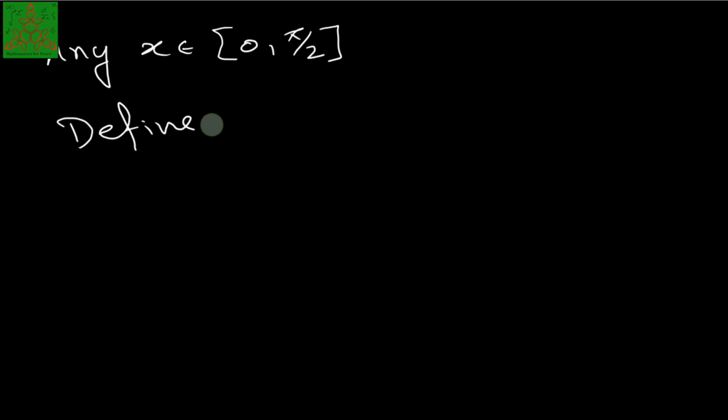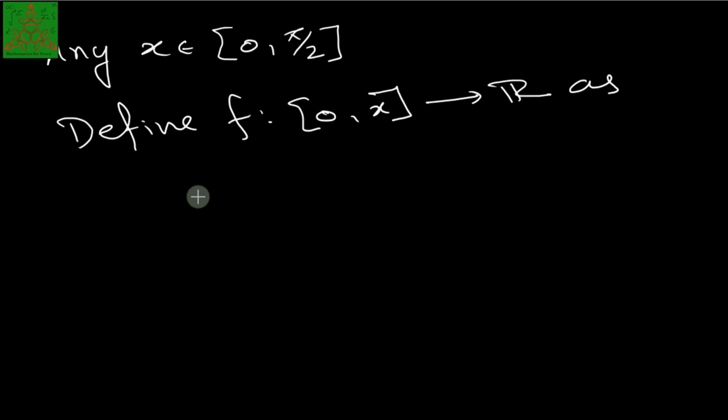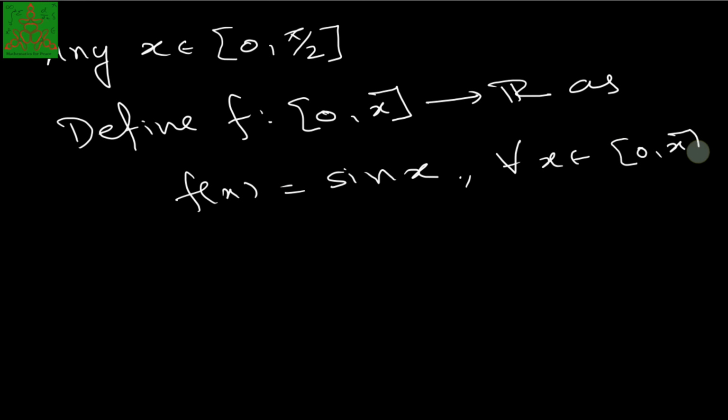So I'll start by defining a function: any x in the interval 0 to pi by 2, define the function f from 0 to x to R as f of x is equal to sin x for every x in between 0 to x.